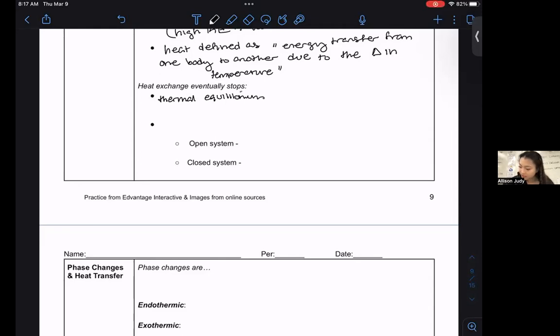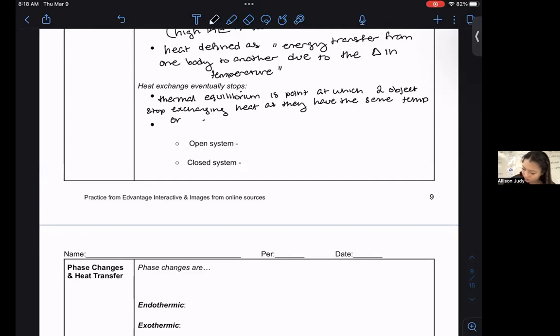Thermal equilibrium is the point at which two objects stop exchanging heat as they have the same temperature, or more particularly, average kinetic energy.